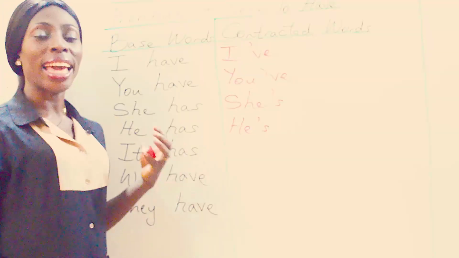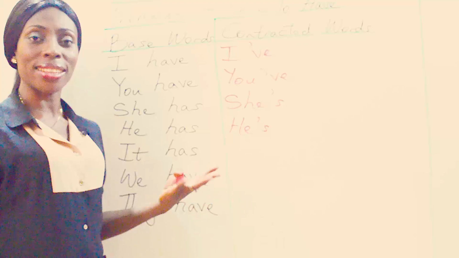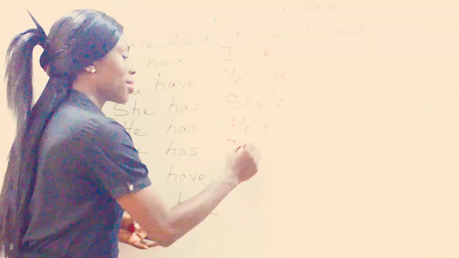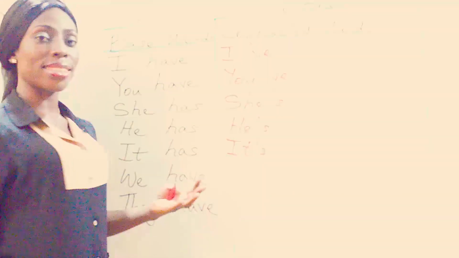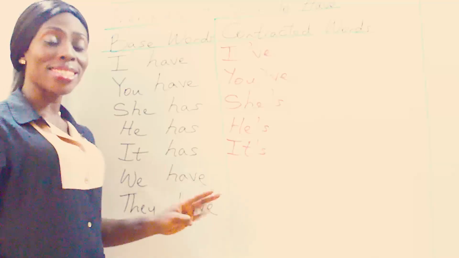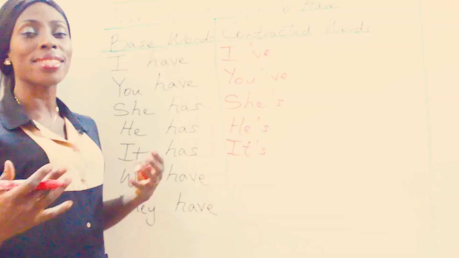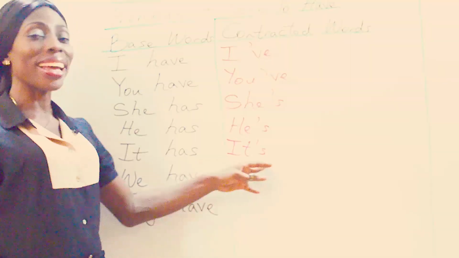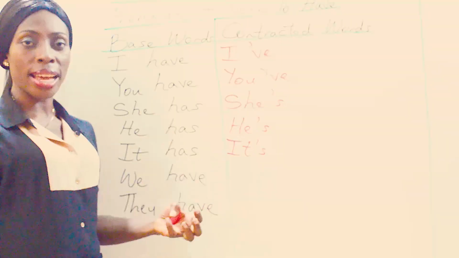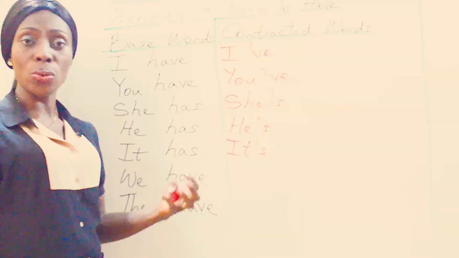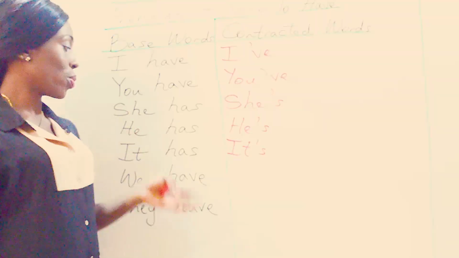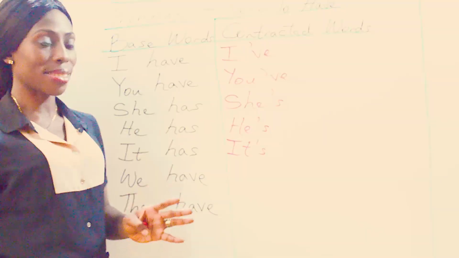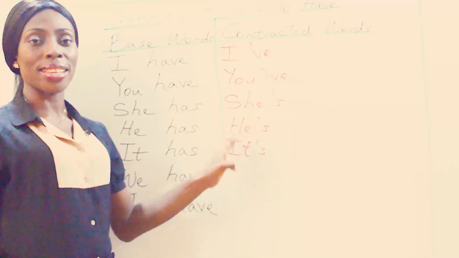It has becomes it's. So it has and it is have the same contracted form also, it's. The context of the sentence in which it is used will determine if you should use has or is. Okay? She's, he's, it's.